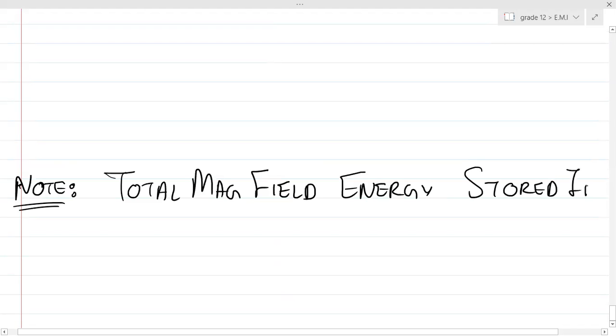As a last note, we can write the total magnetic field energy stored in two coils.